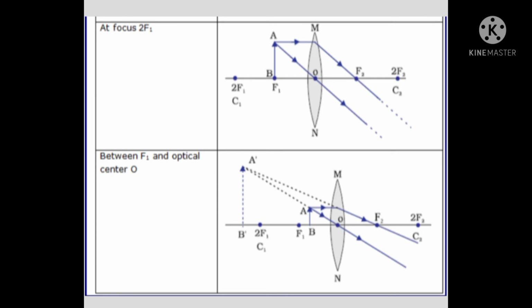But you can observe that these refracted rays cannot meet. So we extrapolate the refracted ray on the same side as the object. Here an erect, virtual image is formed, because the actual rays do not meet to form any image. The extrapolation of the refracted rays forms an image that is virtual and erect.